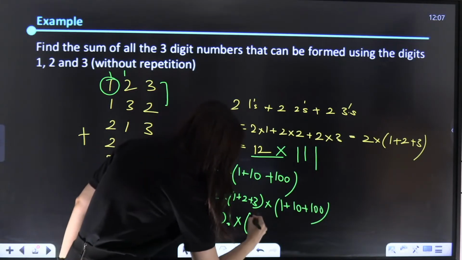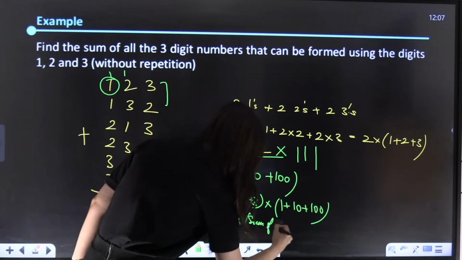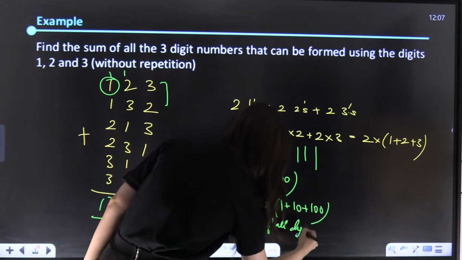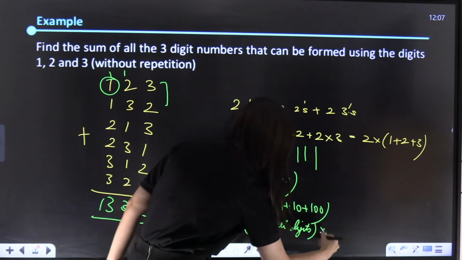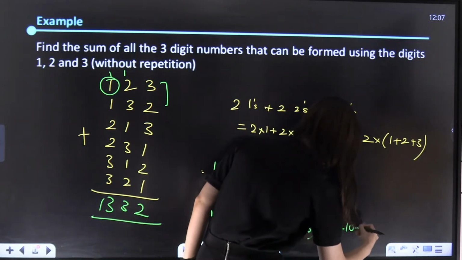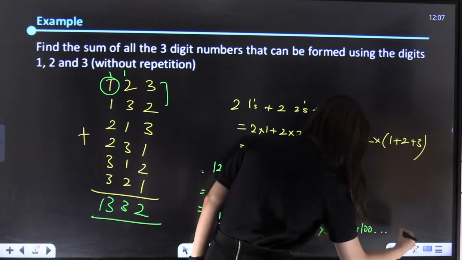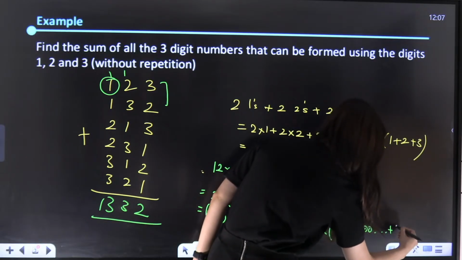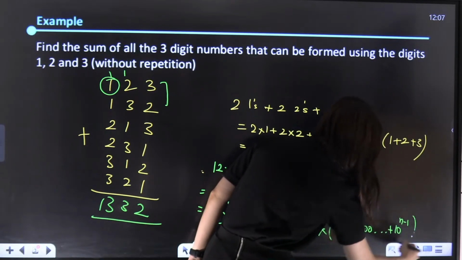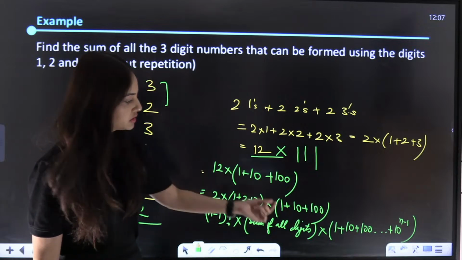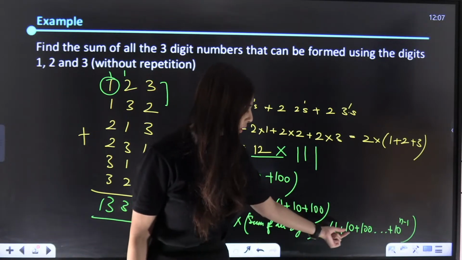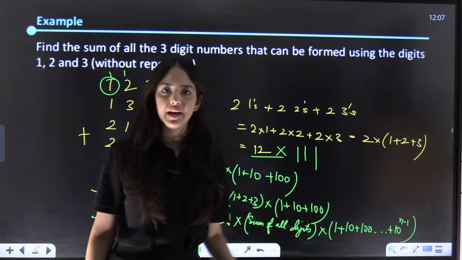into sum of all digits into 1 plus 10 plus 100 up to 10 raised to power n minus 1. Right, because we're starting from 10 raised to power 0, then 10 raised to power 1, 10 raised to power 2, up to 10 raised to power n minus 1.